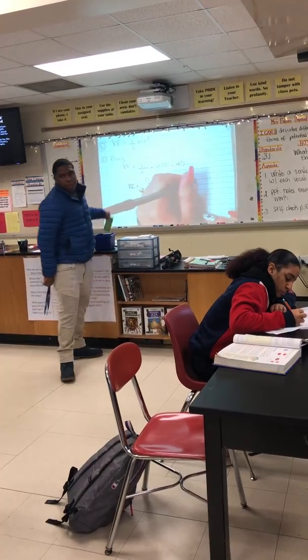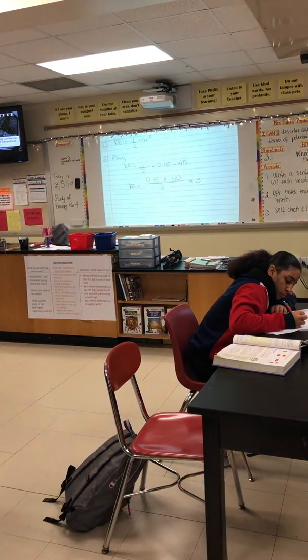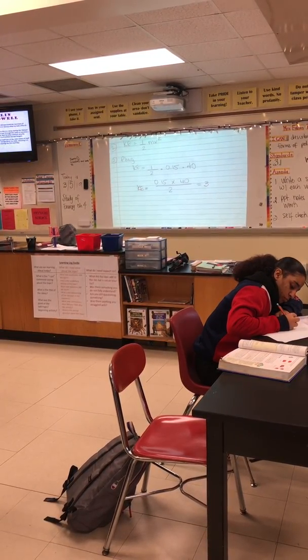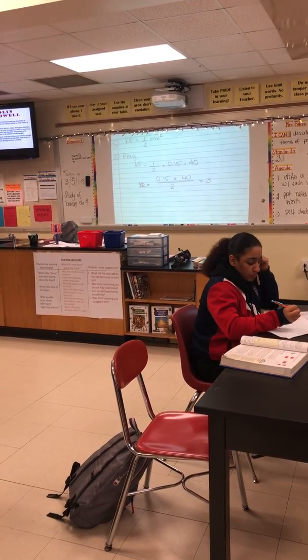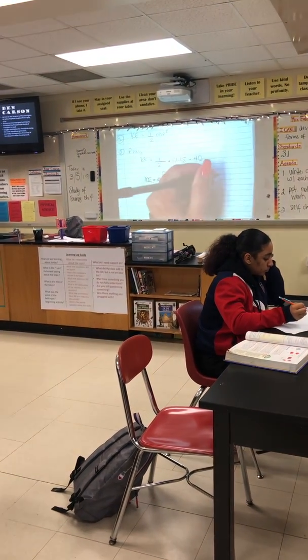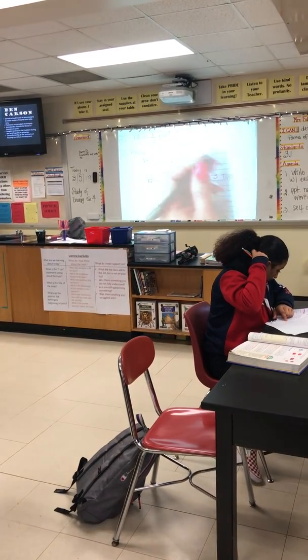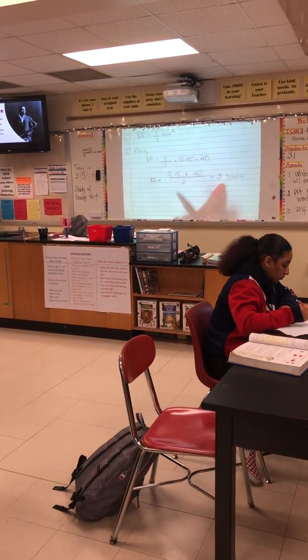Now, what's my unit for kinetic energy? Is it 3 meters? Is it 3 meters per second? What's my unit? Joules. How do I spell that? J-O-U-L-E. But I have 3 of them.